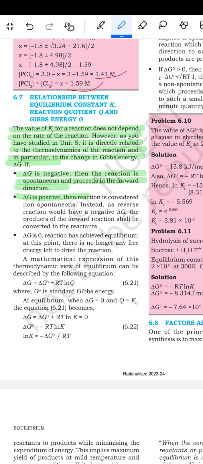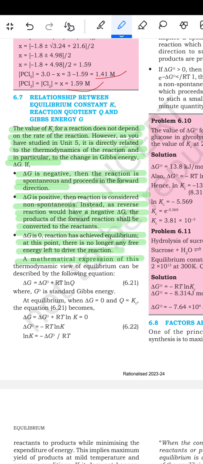If delta G is positive, then the reaction is considered non-spontaneous. Instead, as the reverse reaction would have a negative delta G, the products of the forward reaction shall be converted to the reactants. If delta G is 0, the reaction has achieved equilibrium. At this point there is no longer any free energy left to drive the reaction.